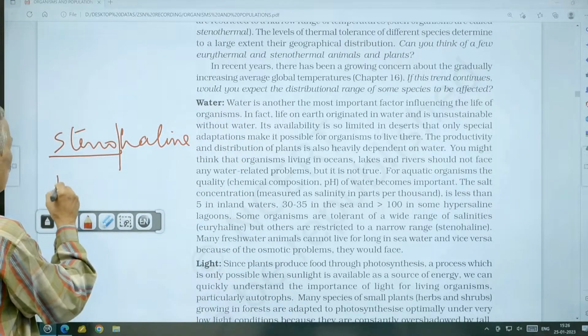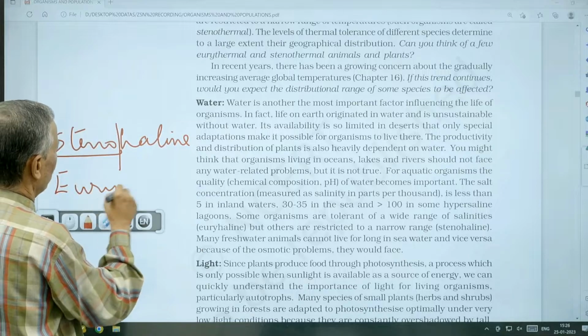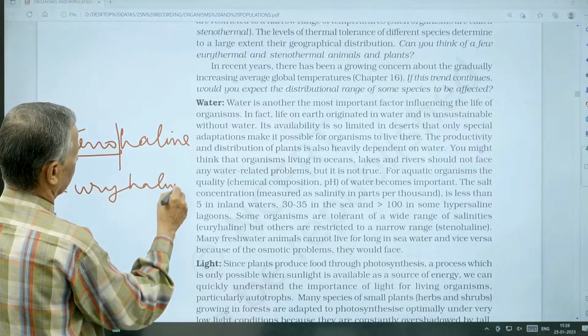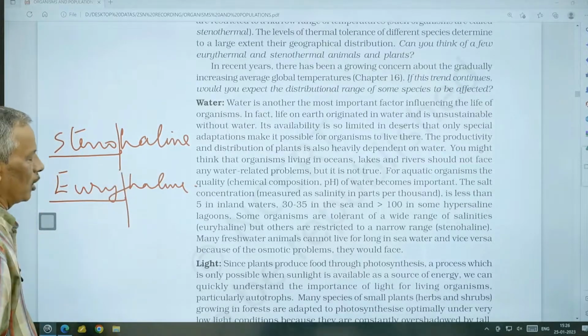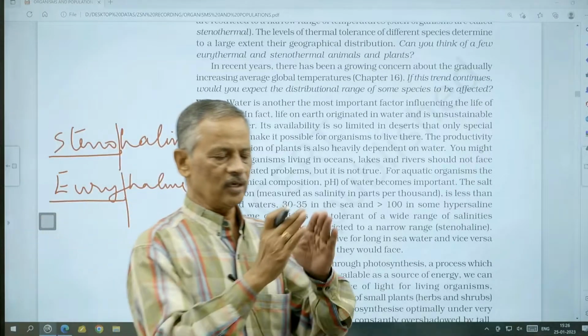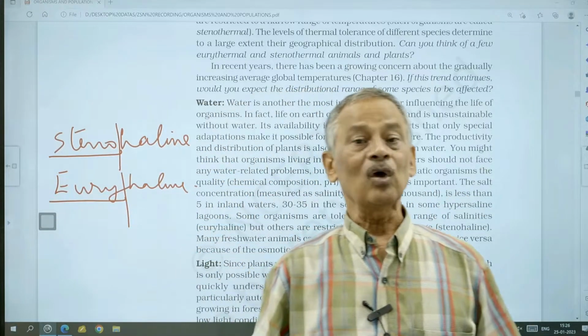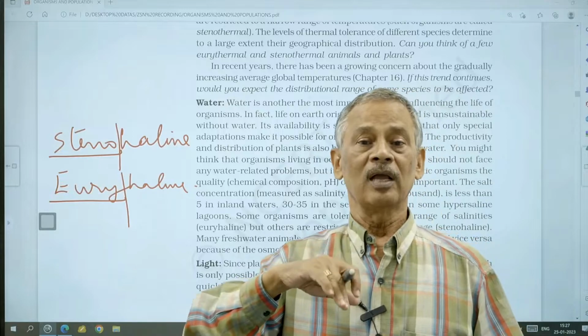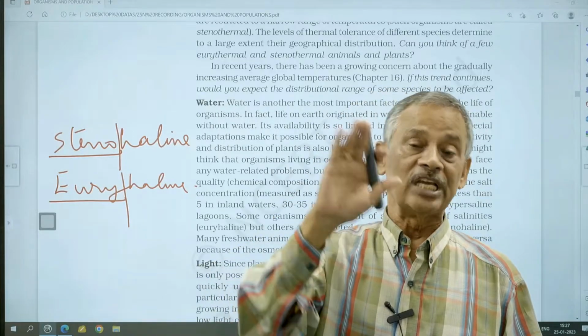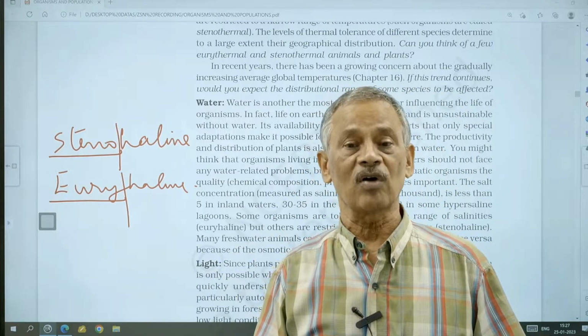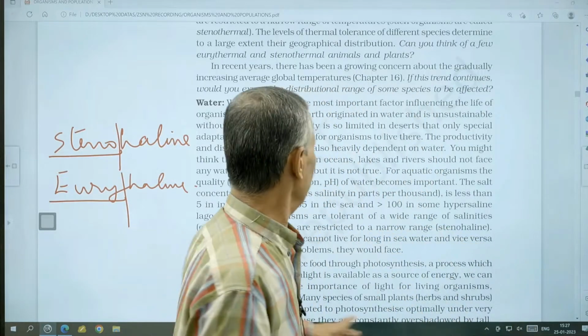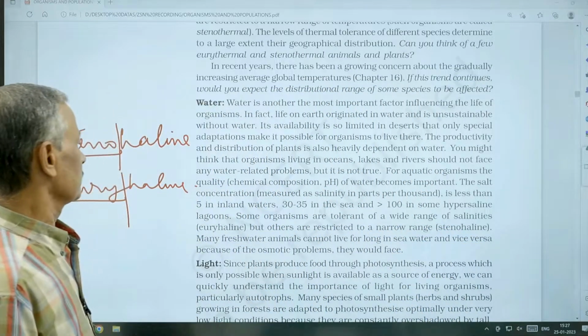Whereas some organisms are euryhaline. Eury means broad. They can tolerate wide fluctuations. So they can move about and they can tolerate changes in the salinity of the surrounding water. Okay, so they will be widely distributed.